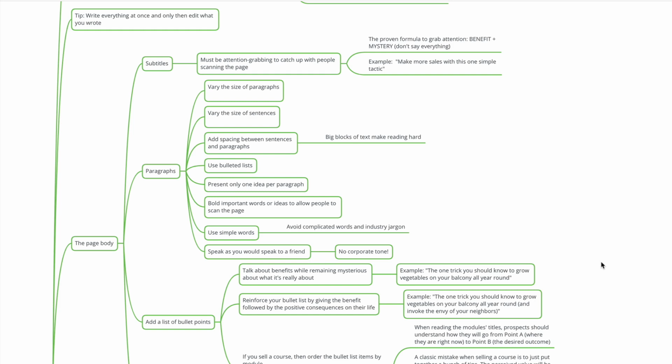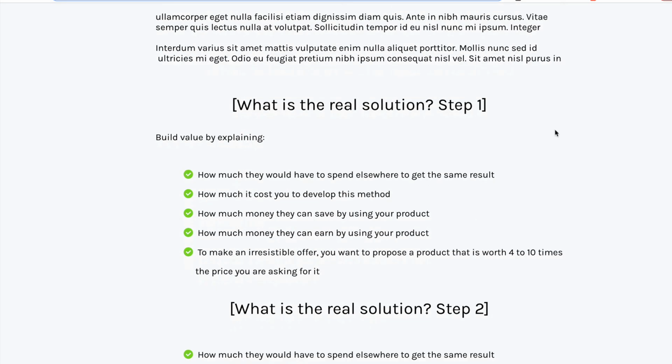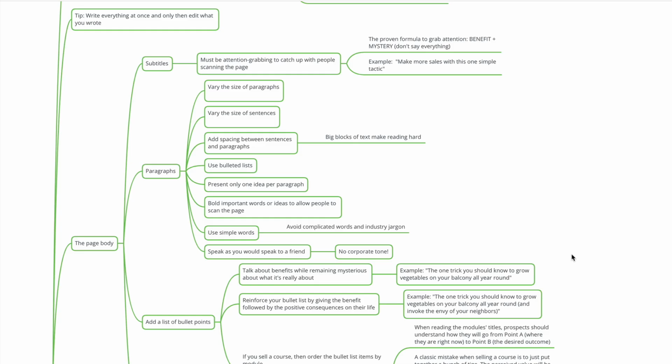So add a lot of spacing, that's very important. Use bulleted lists, that's also a lot easier to read. If we look at this template here, you have a bullet list. You see that it is very easy to go through the bullet list and understand the main ideas, okay?